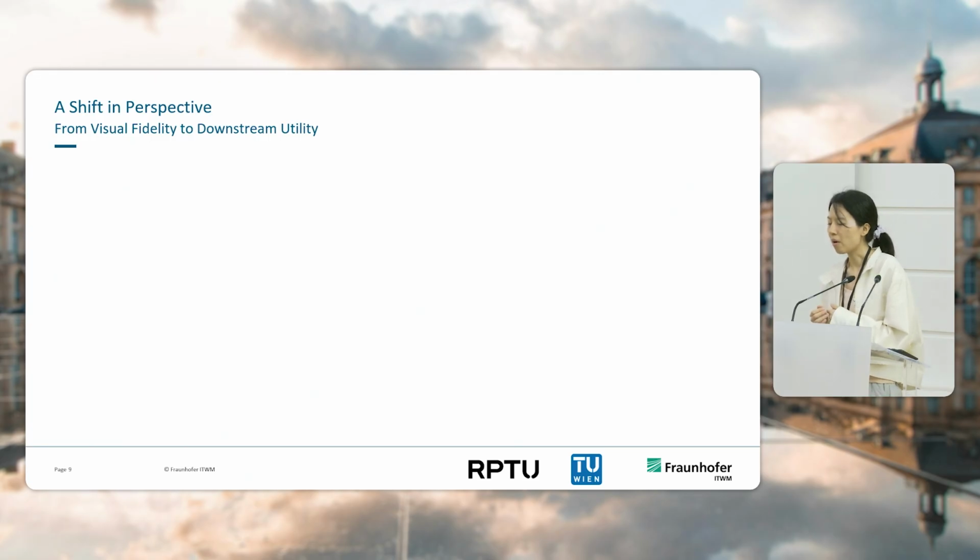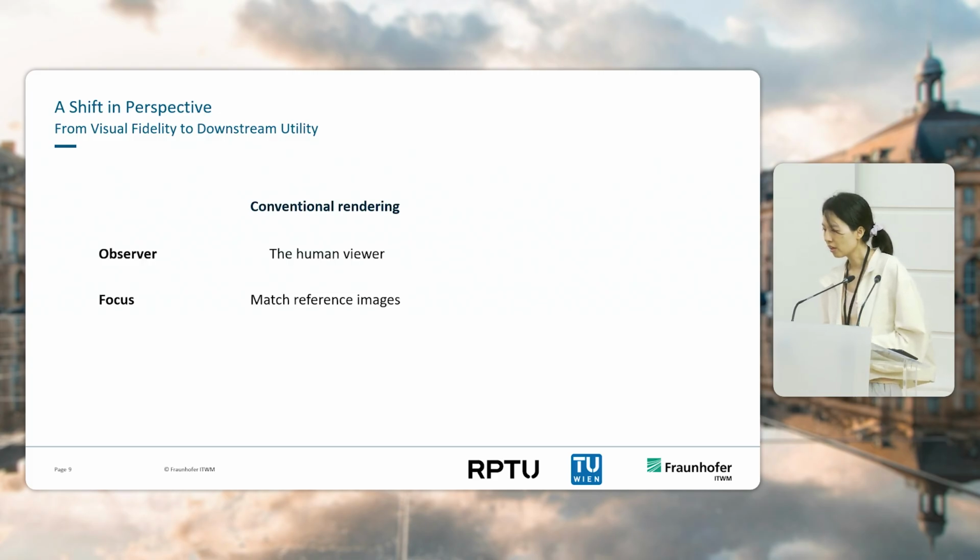Here, we propose a shift in perspective. In conventional rendering, the observer is a human viewer. Our focus is often on matching reference images, and the goal is visual fidelity.